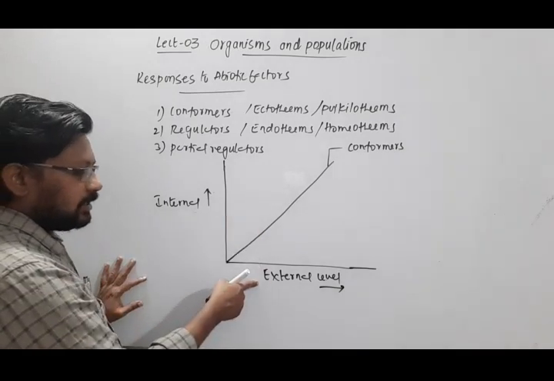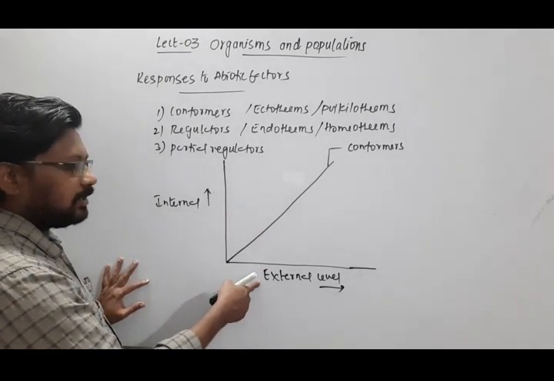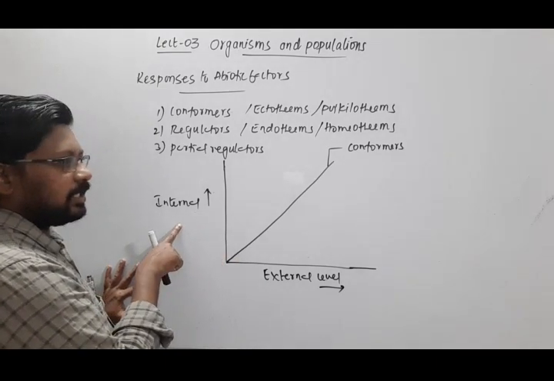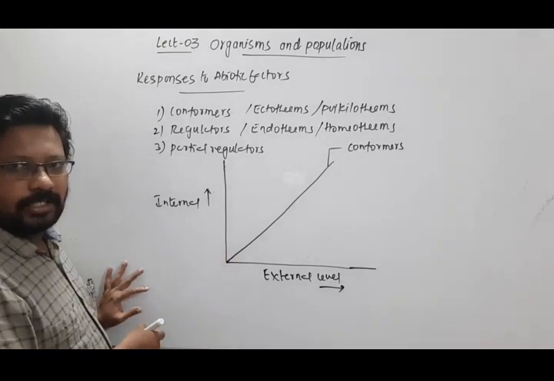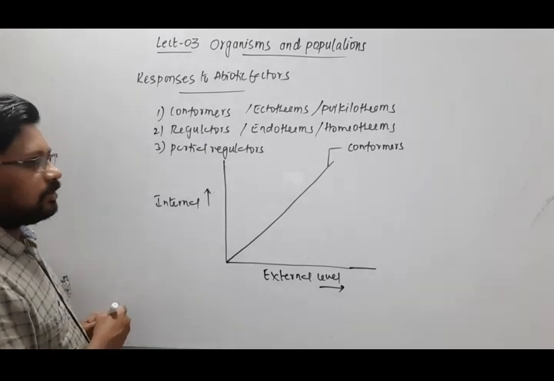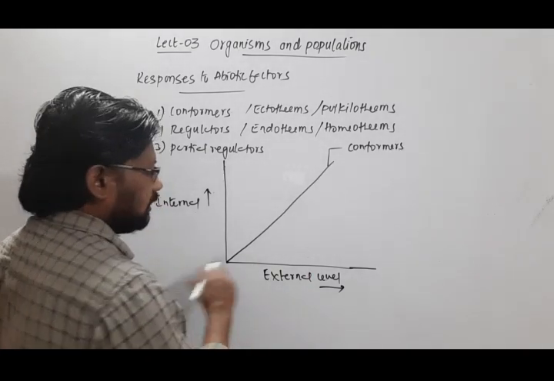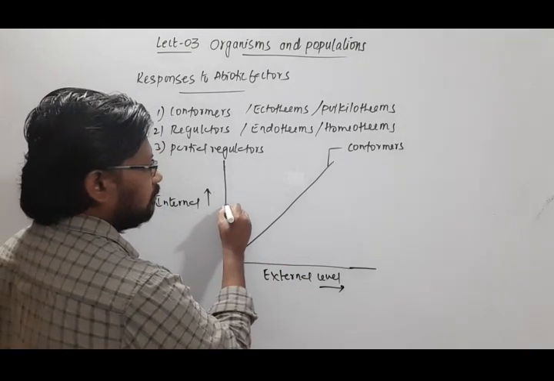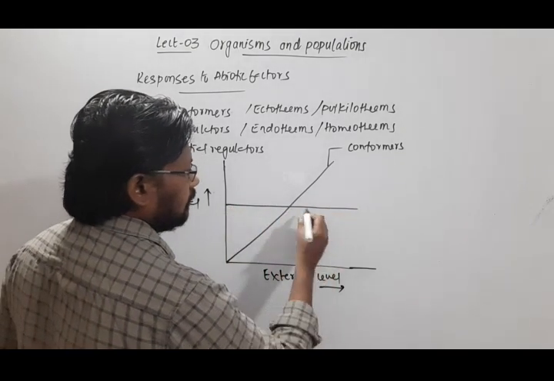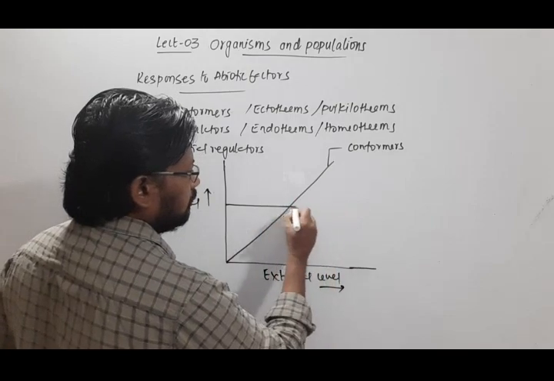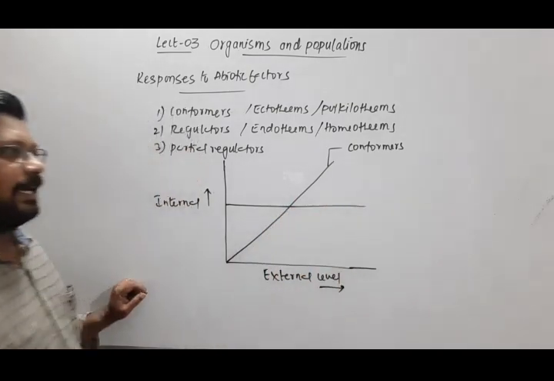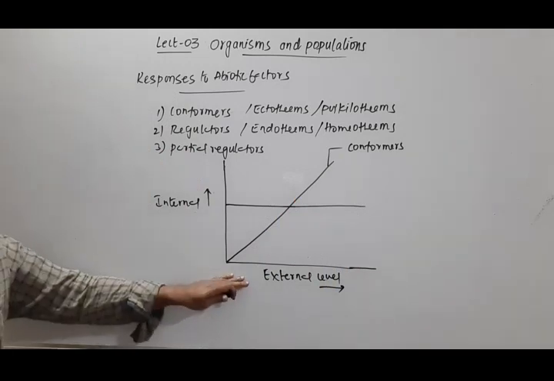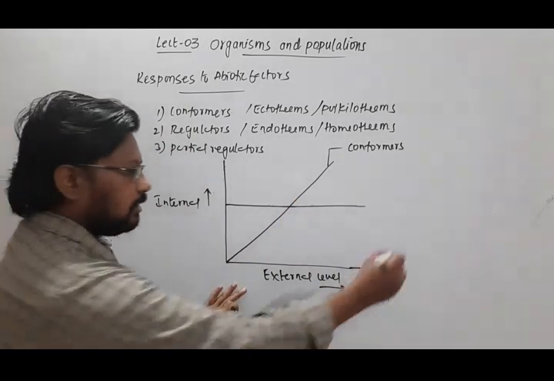So when the external factors like temperature increase, their internal temperature also will increase. But in case of regulators, whatever the external or internal, they are going to maintain the same internal environment, so it will not depend on the external factors.